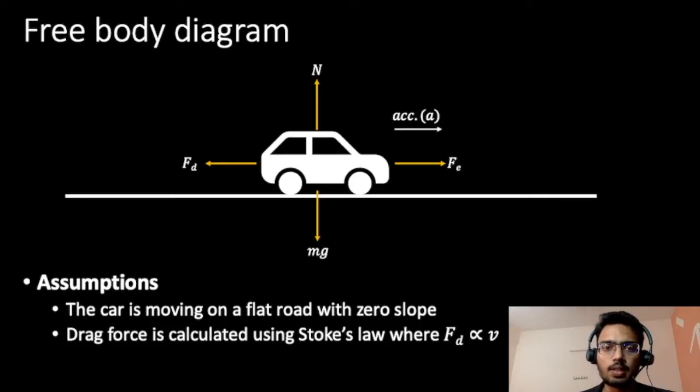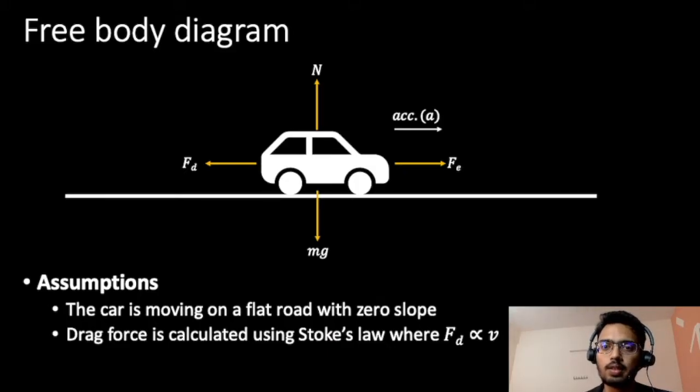The next assumption is that the aerodynamic drag force which we have taken, we have assumed that it is directly proportional to V. However, this assumption is only true for very small objects. It is defined by Stokes' law. However, when we consider large objects, Fd is actually directly proportional to V square.